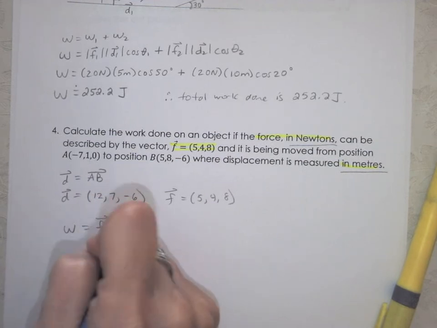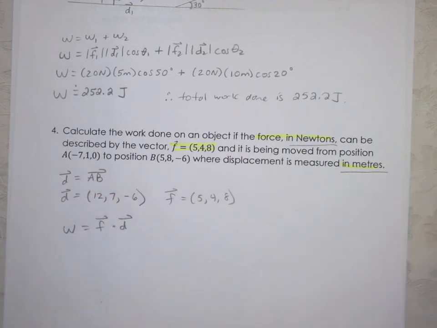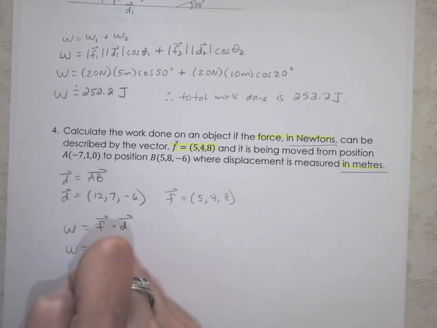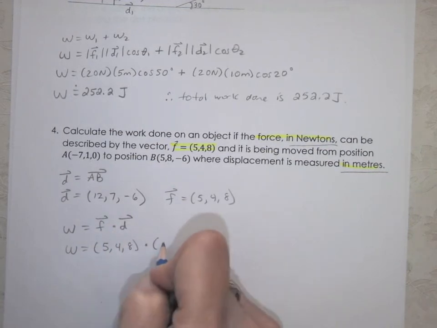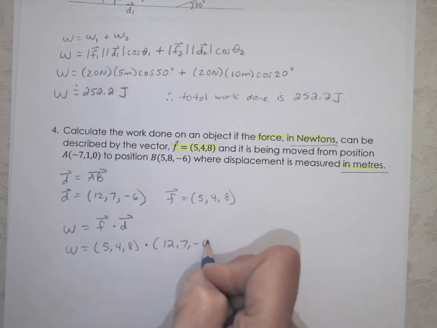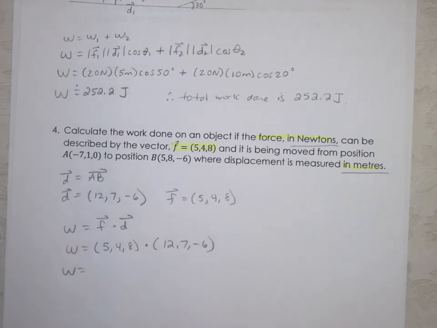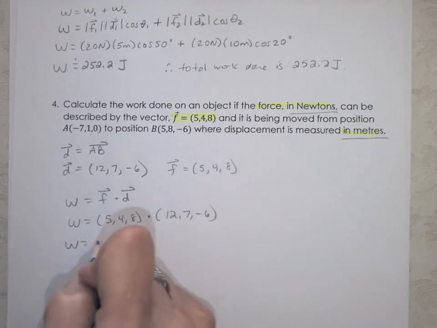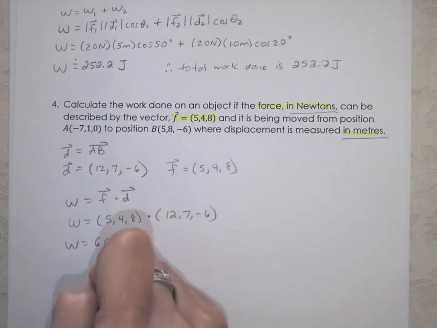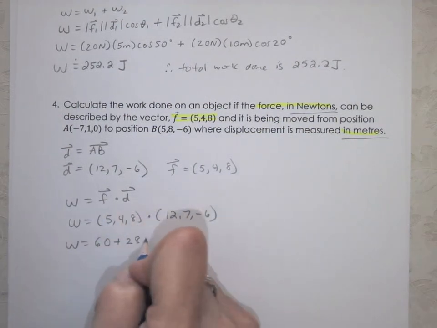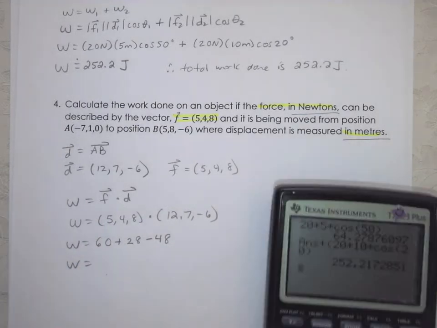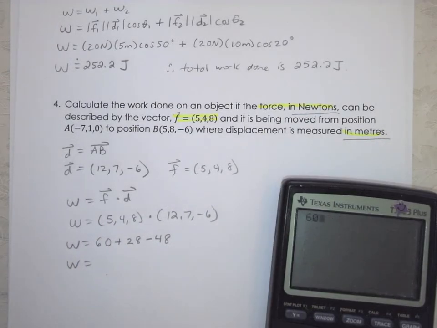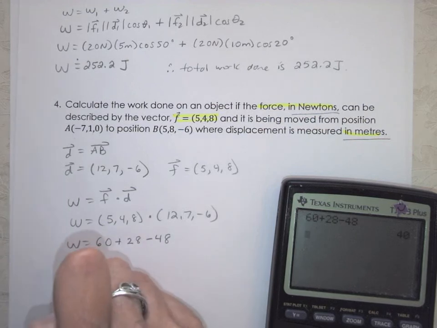Work equals F dot D, so we can just do the dot product of vector <5, 4, 8> dotted with vector <12, 7, -6>. That's going to give me 60 plus 28 minus 48, which is going to give me 40 joules.